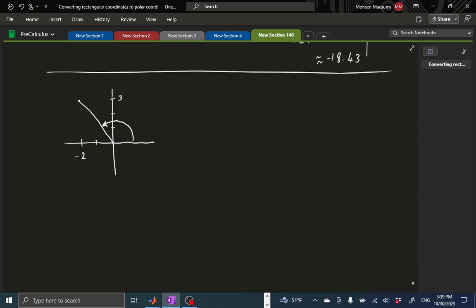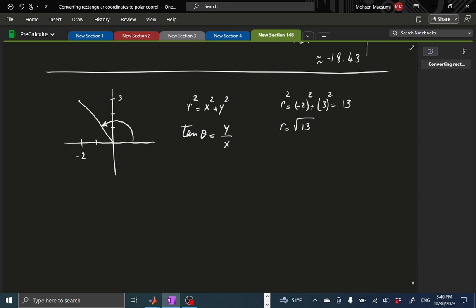So let's write again. We have x squared plus y squared equal to r squared, and tangent of theta is also y over x. So with respect to r squared, we never have any problem. So it's -2 squared plus 3 squared, and that's going to be 4 and 9 is 13. So r is going to be square root of 13, and just as before, we're going to find that.